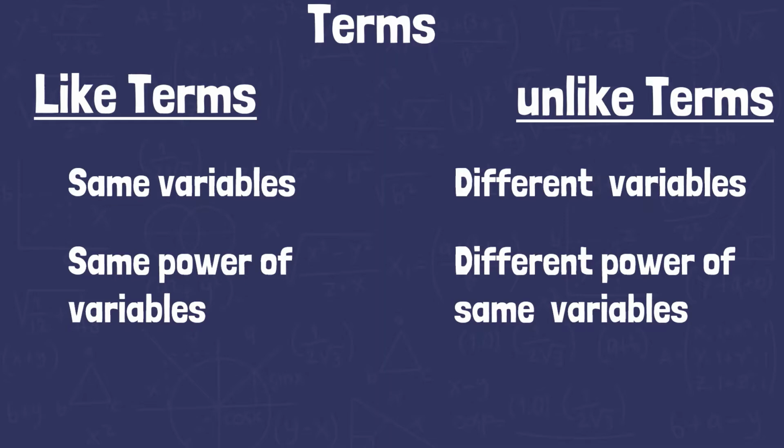So we'll look at an example. 2x cubed plus 3x squared. Are the variables the same? X and x, yes, the variables are the same, but are the powers the same? This has the power of 3 and this has the power of 2, so the powers are not the same. So this would be an unlike term because it fulfills this second condition.